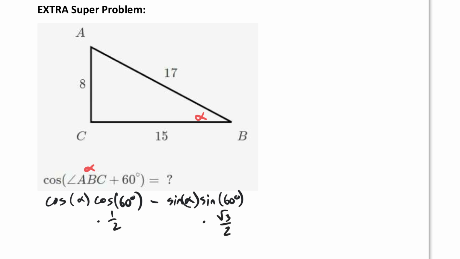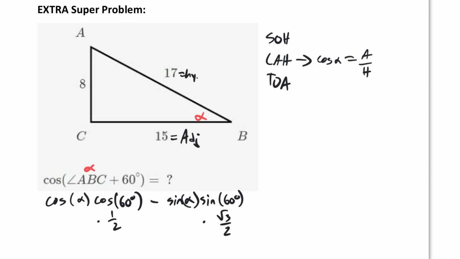But what in the world is cos of alpha? Well, think back to SOHCAHTOA. Because we have a triangle in front of us, we can figure out cos of alpha. Cos is a ratio, and cos of your angle is going to be the ratio A over H. Based on the triangle, this is your adjacent, and this is your hypotenuse.